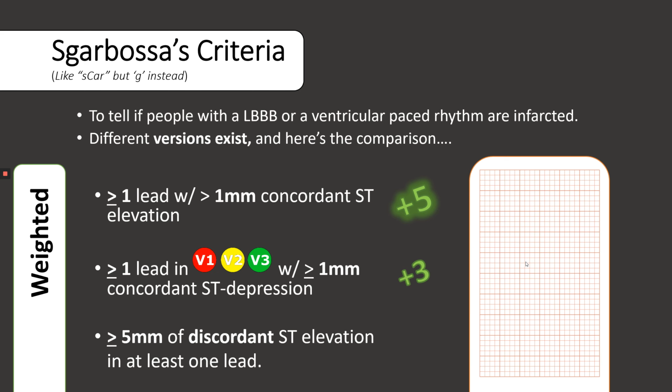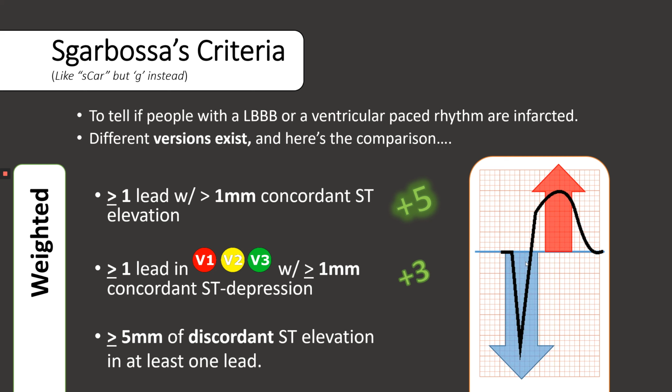But then we get to the third criteria here. So 5 millimeters or more of discordant ST elevation in at least one lead. So now we're discordant. We're drawing our isoelectric line. QRS goes down from the isoelectric. T wave goes up from the isoelectric. And we look at the elevation involved here, the ST elevation.